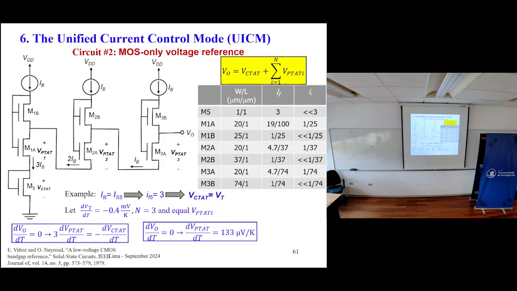No, never even studied band gap. What do you study? Differential amplifiers, current mirrors, operational amplifiers, cascode, frequency response, no, frequency response, no. But switched capacitors, yes, switched capacitors. No band gap reference.